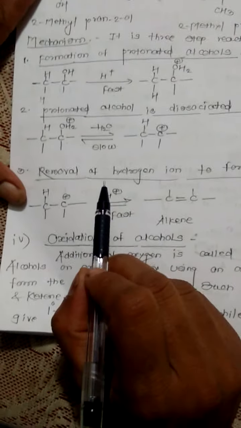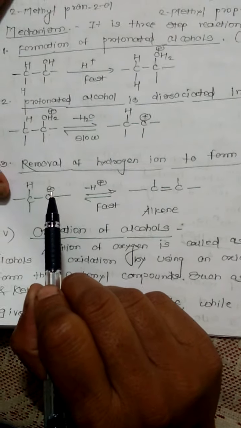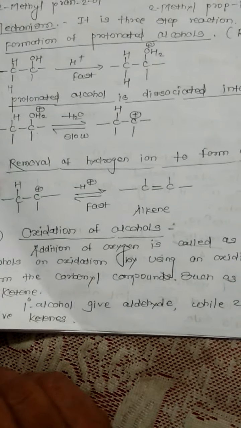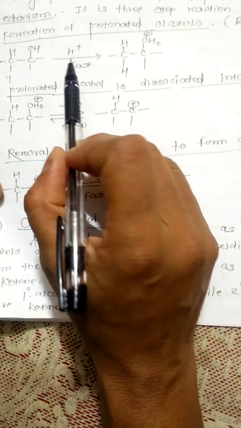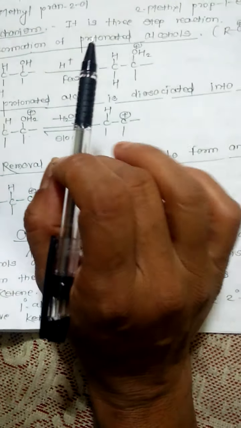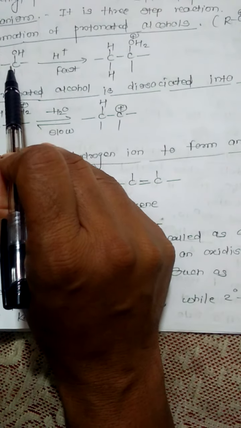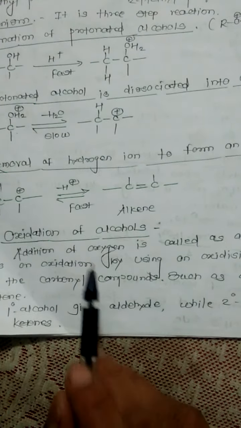In the third step, from this carbonium ion, a hydrogen ion is removed. Why do we need to remove the hydrogen here? Here H plus was added, no. A catalyst simply helps to increase the rate of the reaction. That H plus which we added, we want to remove now.